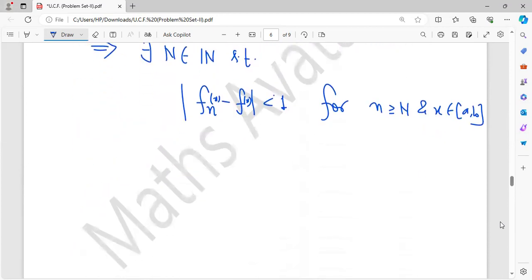Now see that. So this implies I can write fn x. So this statement is also true for n.